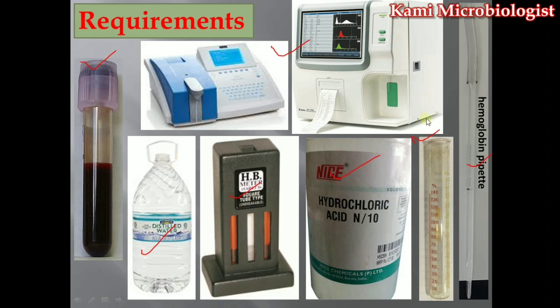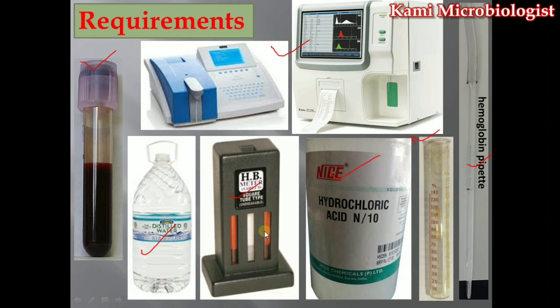Let's suppose we add drops of distilled water again and again, and we reach this area. If at that area the color is matched to this standard tube, it means the hemoglobin level will be 40.